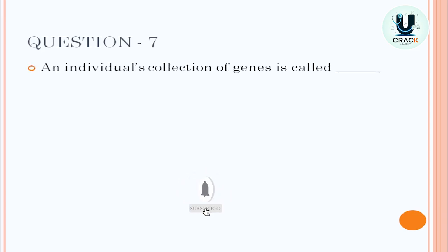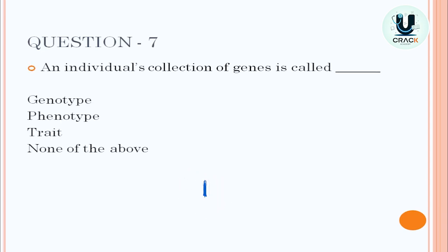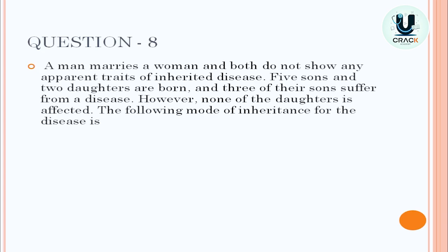Question number 7. An individual's collection of genes is called: genotype, phenotype, traits, none of the above. Answer: genotype. Question number 8. A man marries a woman and both do not show any apparent traits of an inherited disease. Five sons and two daughters are born, and three of their sons suffer from a disease.